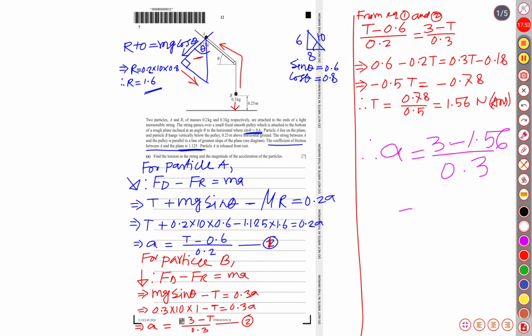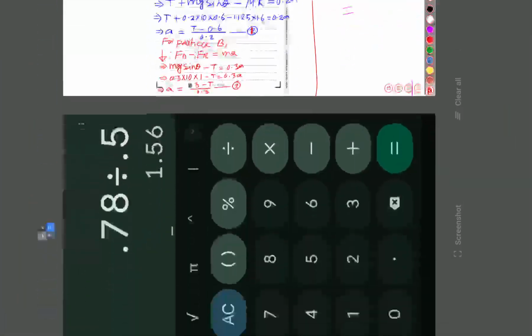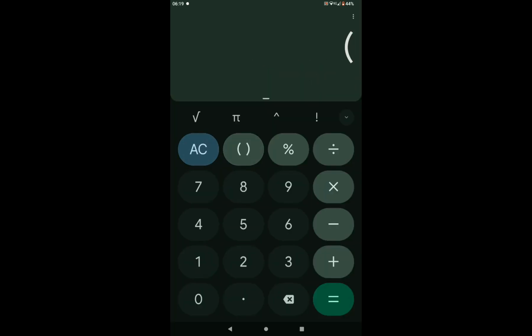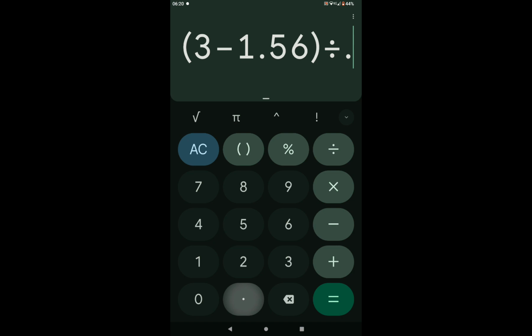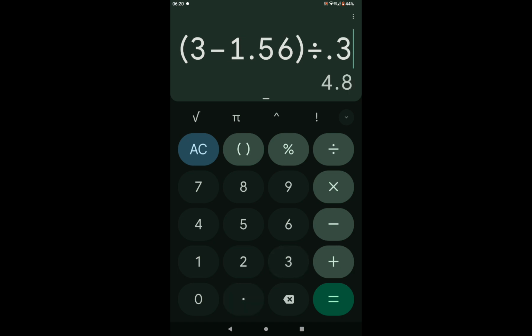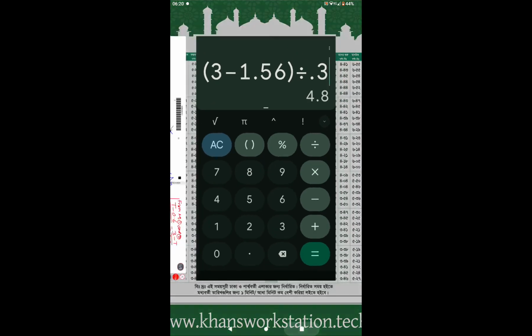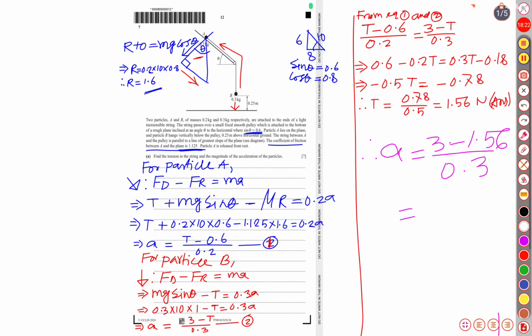Hence our acceleration is going to be 4.8 meter per second square, and that is the second value we should find.